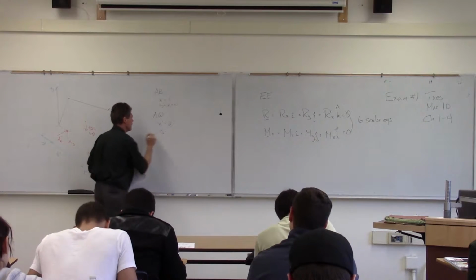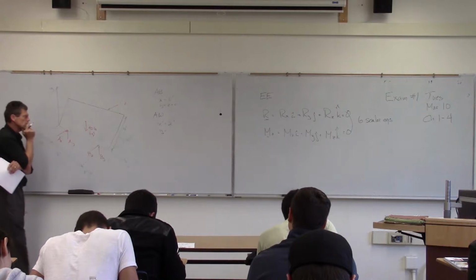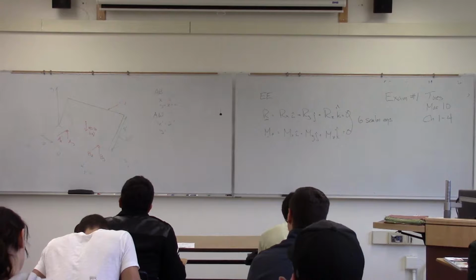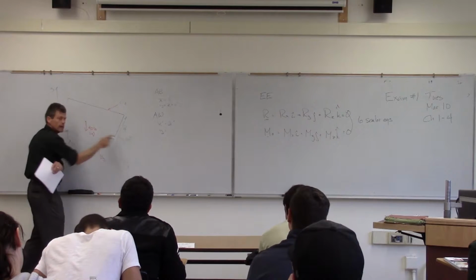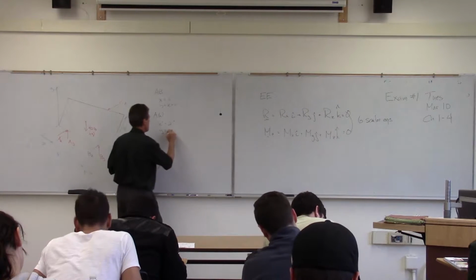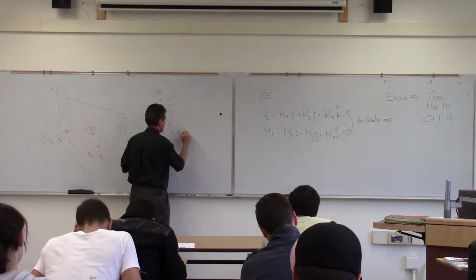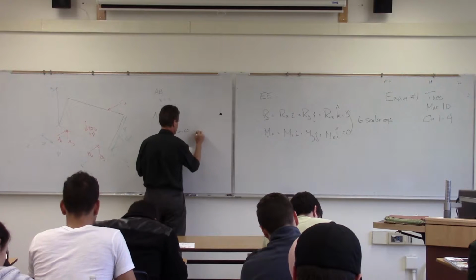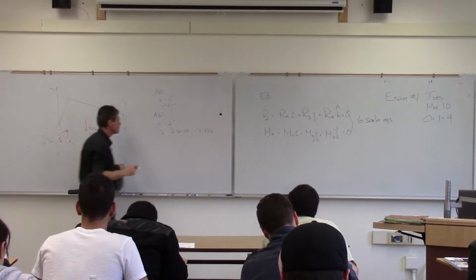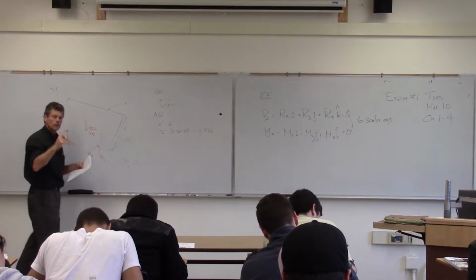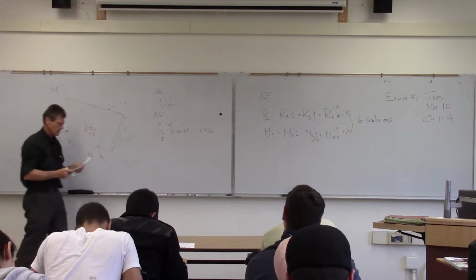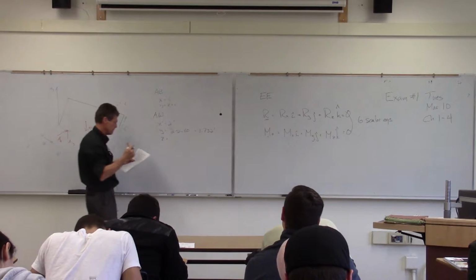What about y? Almost. You're a little shorter than that. Don't forget about that part. 2 sine 60. Good. And then the z component will be the same thing we have to worry about. It'll be 2 cosine 60.